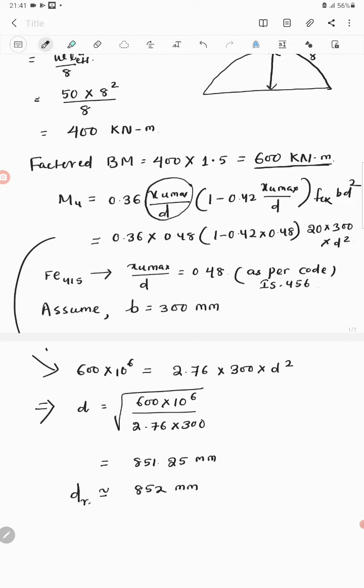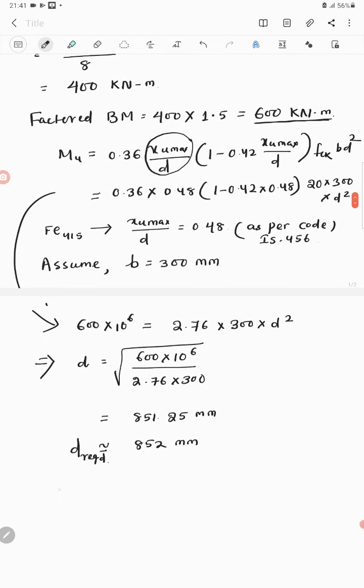This is the required depth, 852 mm. Now let's assume the diameter of bar to be used is 25 mm and the clear cover is equal to 25 mm.